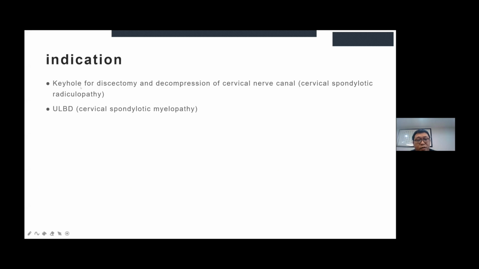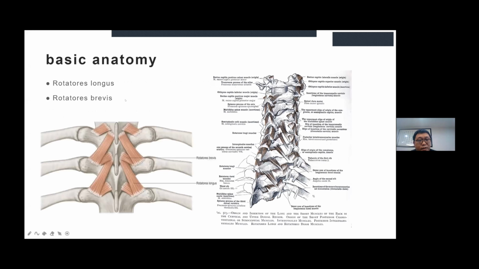Indications include the keyhole for the discectomy and decompression of the cervical nerve canal, and the cervical ULBD for the cervical spondylotic myelopathy. The basic anatomy is similar to the UBE lumbar procedure.